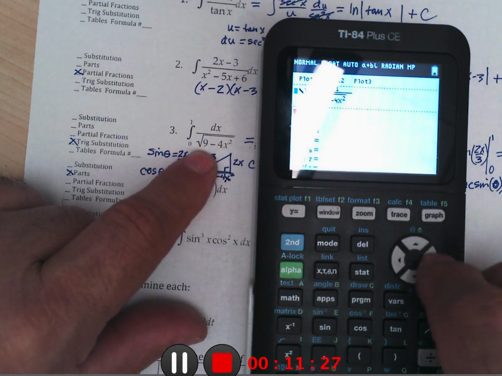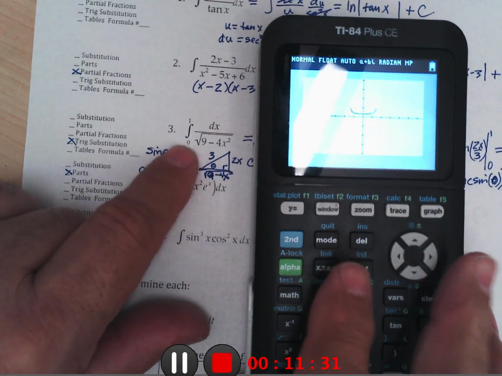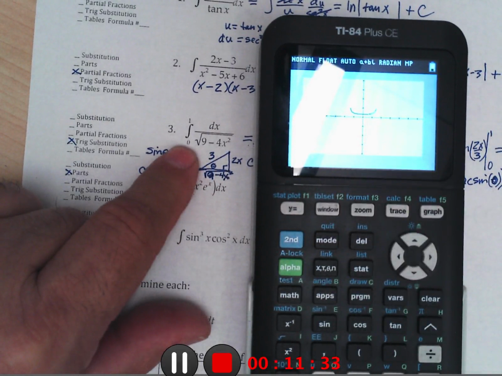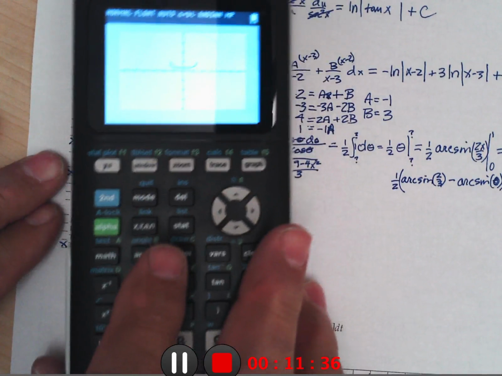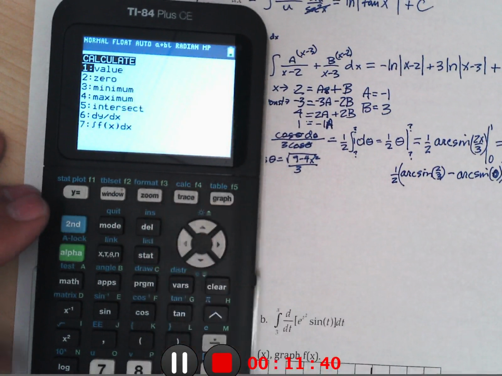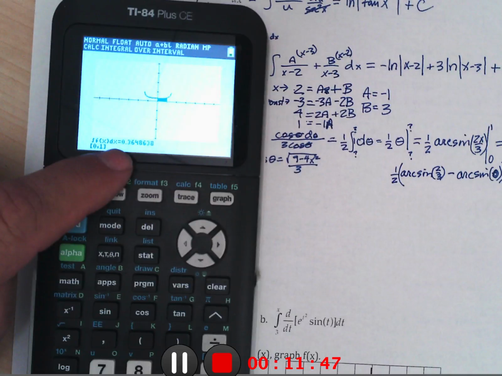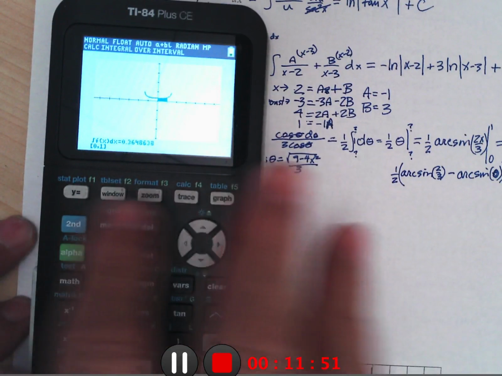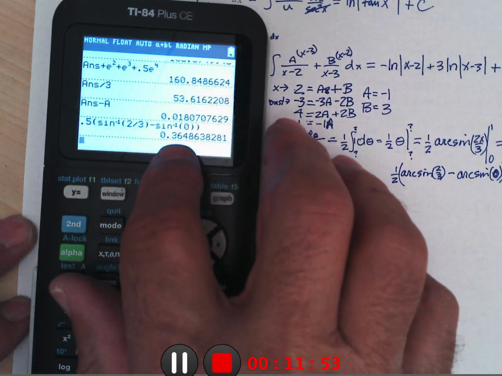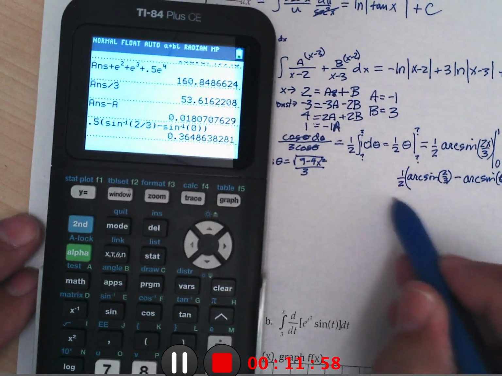Graph. And we're supposed to find the area between 0 and 1. That's not a very big spot there. So, second, calculate 7 between 0 and 1, and it says it should be 0.364863. And going back to my answer, 0.364863. So we've got the right answer. There's the exact answer.